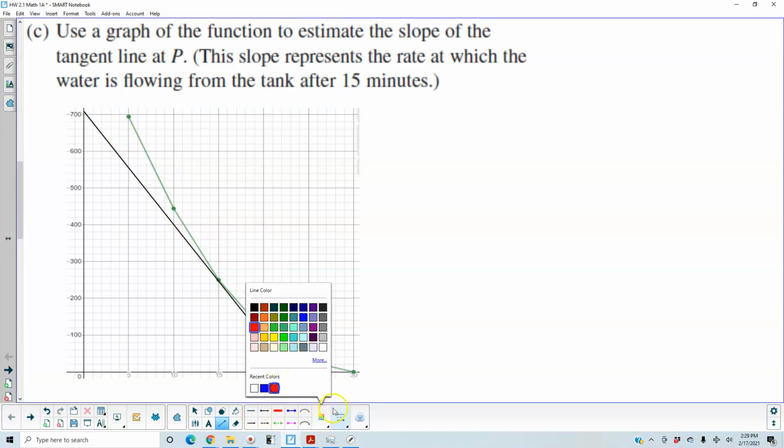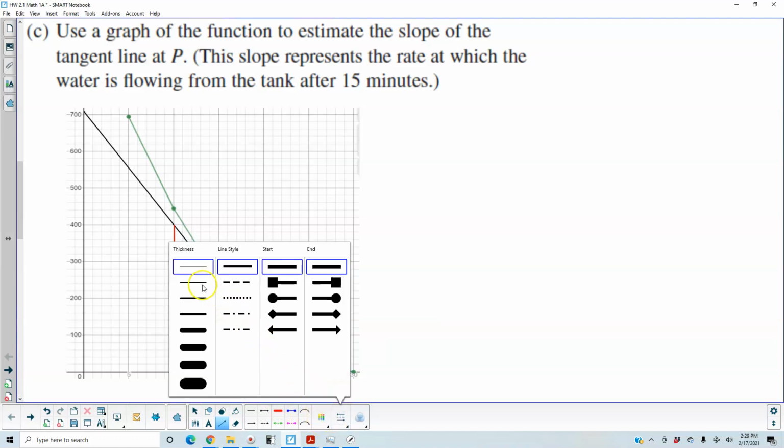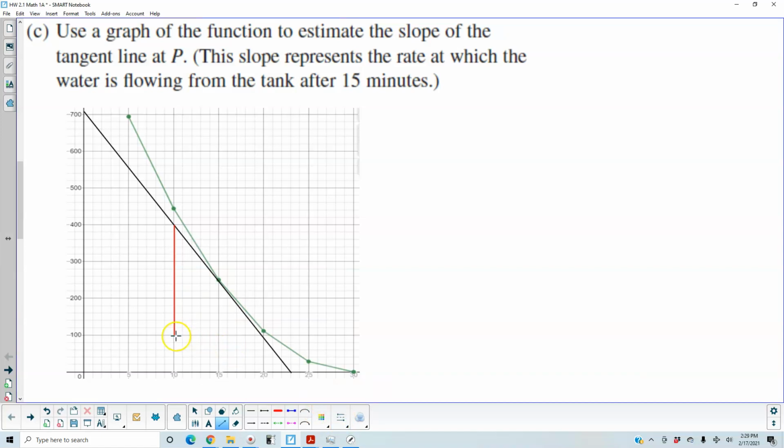And then what we're going to do now is create a right triangle to figure out what that slope is. So here at 400, we're going to go all the way down to 100. Okay, and then we're going to go from here to there.